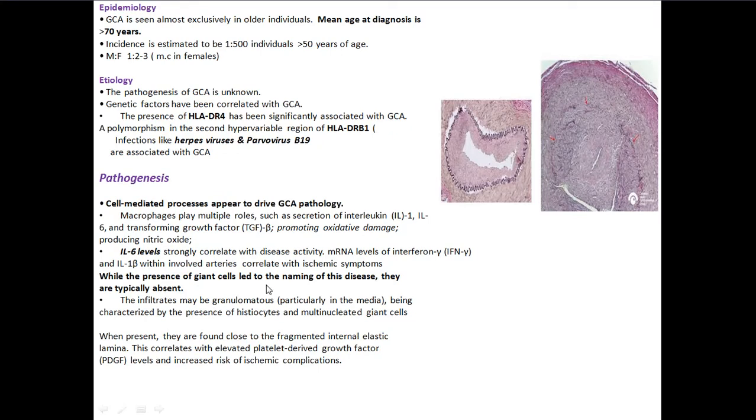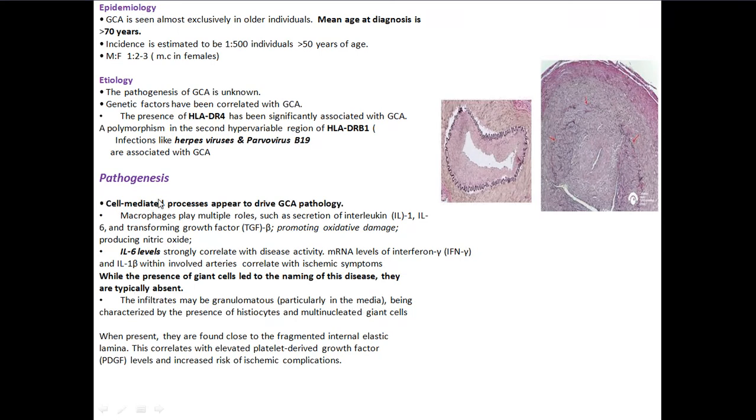While the presence of giant cells led to the naming of the disease, they are not present in every case. The infiltrates may be granulomatous, characterized by the presence of histiocytes and multinucleated giant cells.